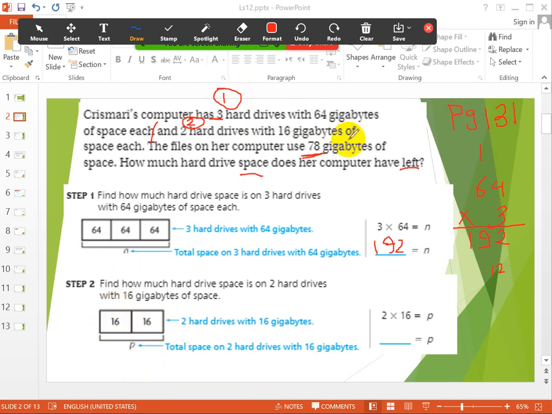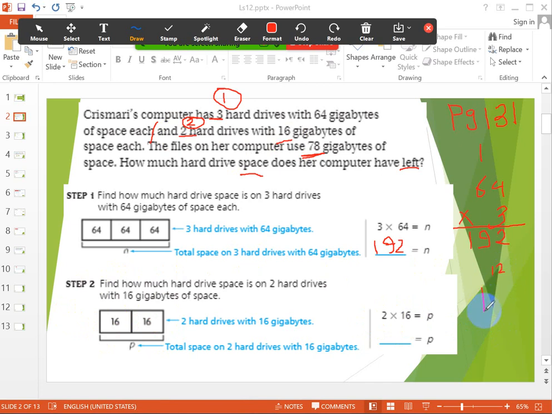So if I want to know the total space for kind B, what will it be? Also, I have to multiply the number of hard drives with the space of each one. That means I have to multiply 2 with 16. Okay? Because 16 here, add 16 to 16, that means you have to multiply 16 with 2.